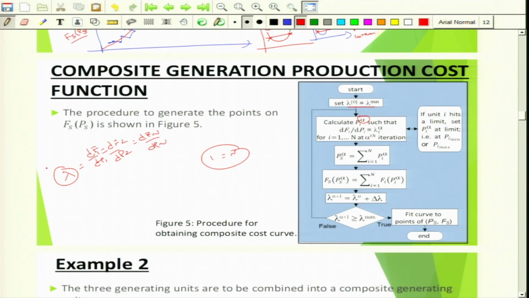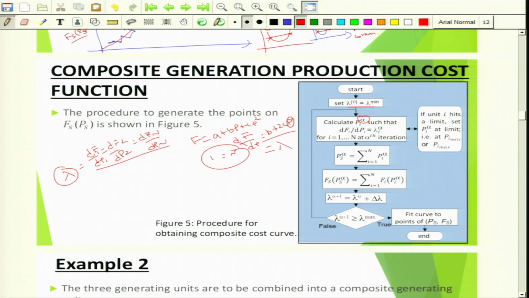You have chosen the lambda, of course that need not be the optimal lambda, and you obtain the incremental fuel characteristics. With this you will get a value of generation. Let us say your fuel characteristic function is a plus bp plus cp square, df by dp is b plus 2cp, and this is equal to lambda.